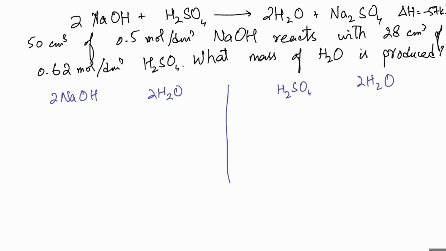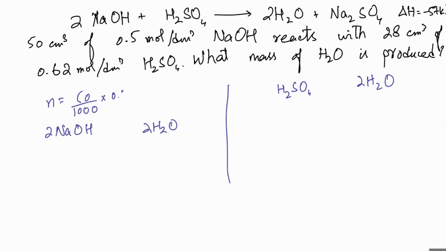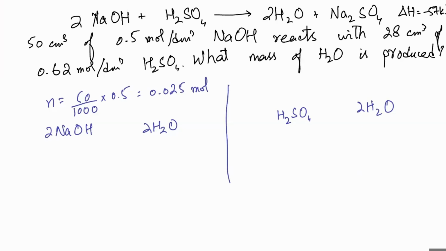तो if you are not comfortable with weird numbers, you can just choose the moles first. ठीक है कि आप पहले moles calculate कर लो. सोडियम हाइड्रोक्साइड के moles हैं 50/1000, n equal to CV formula into 0.5. तो वो होगा 0.025. और इसी तरह H2SO4 के moles अगर आप कैलकुलेट करें तो वो आते हैं 28/1000 into 0.62, 0.0174. ठीक है.